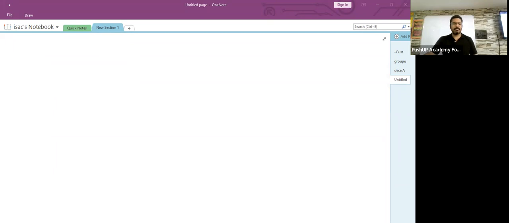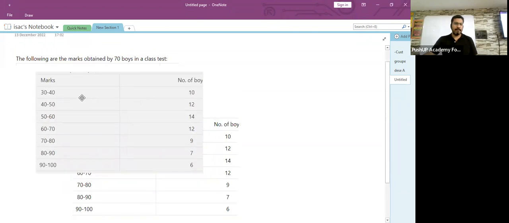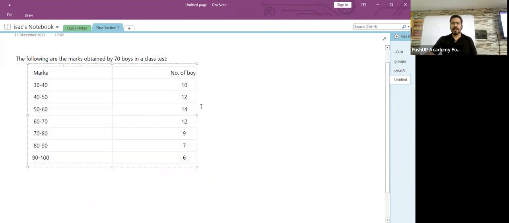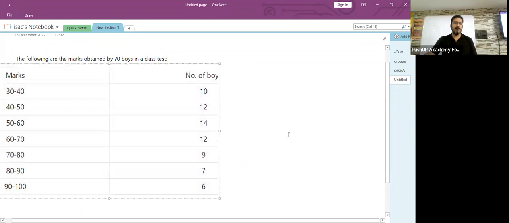Number of boys. Let's do it. The following are the marks obtained by 40 boys in a class test, right? They are asking us to find the average marks scored by these boys by using which method?